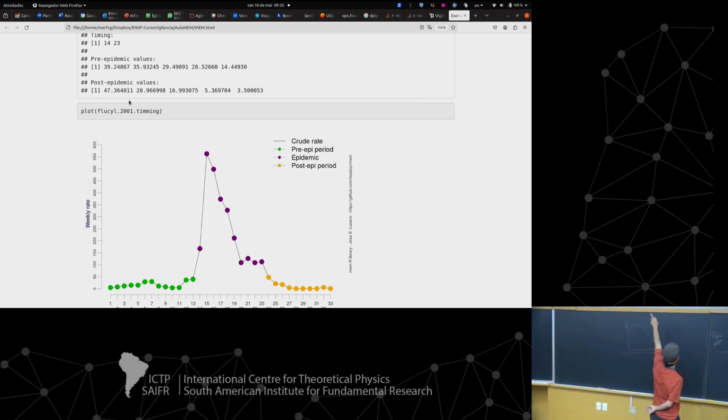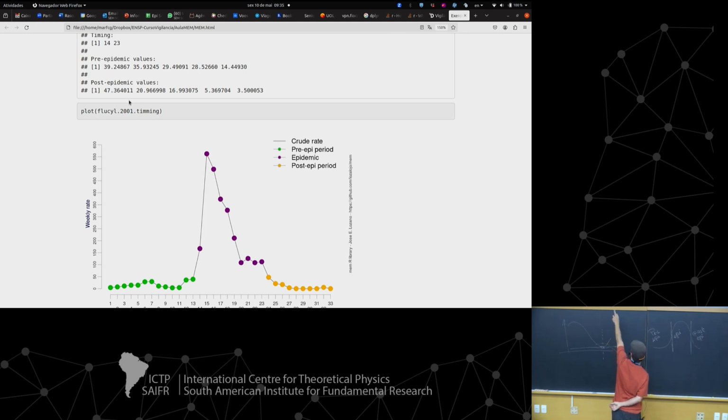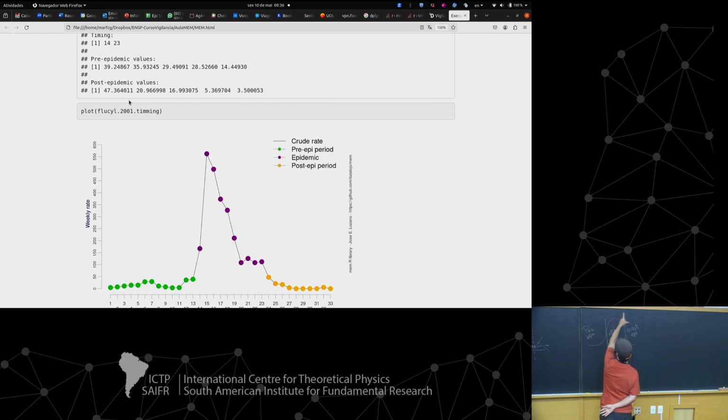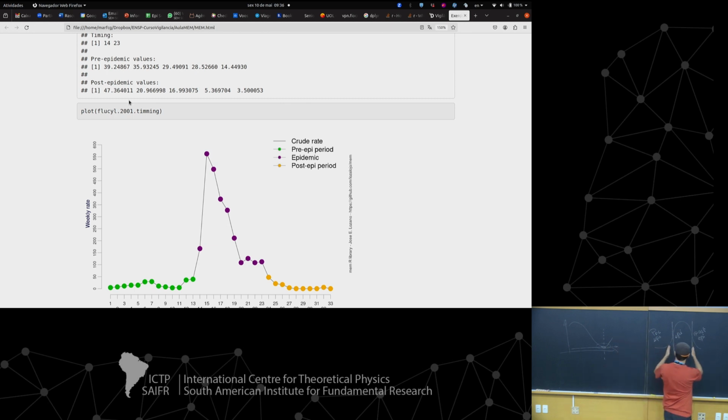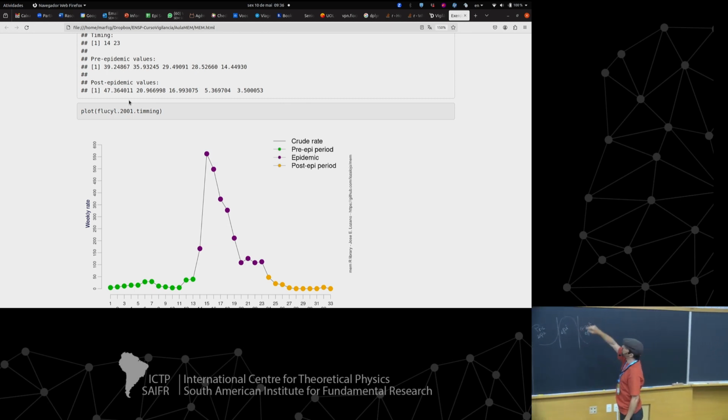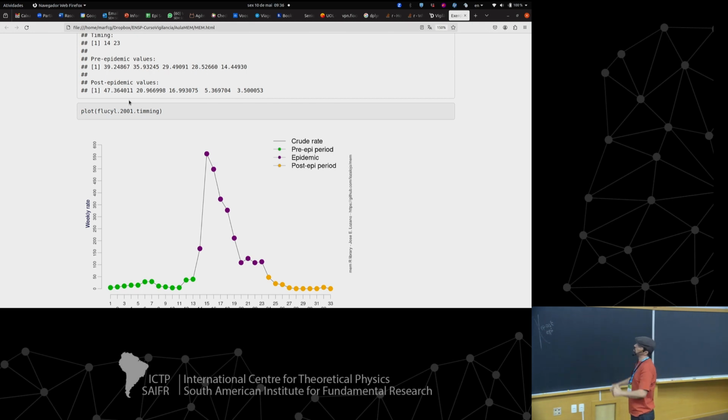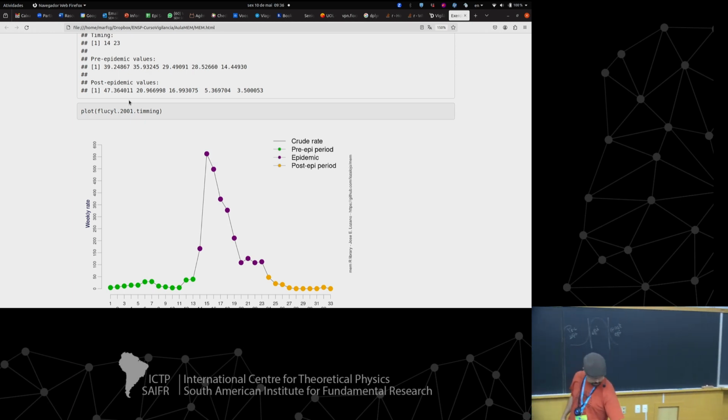You can see that the observations that go all the way up to row 13 are labeled as pre-epidemic, and from row 24 onwards, post-epidemic. Okay, so it's exactly this process, just represented in a different manner. But instead of putting vertical lines separating each of those phases, the dots associated with each observation carry that information directly. Okay.